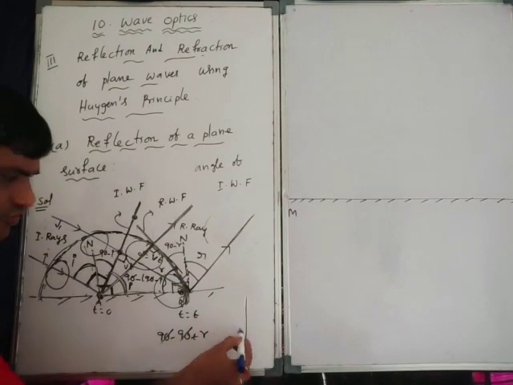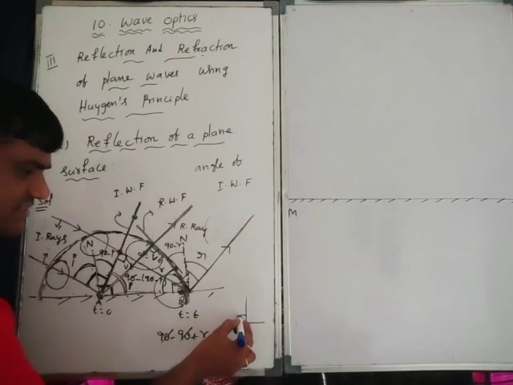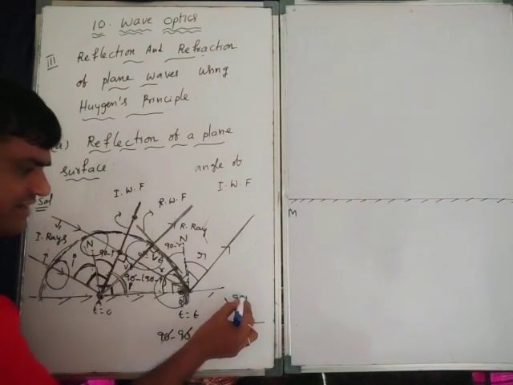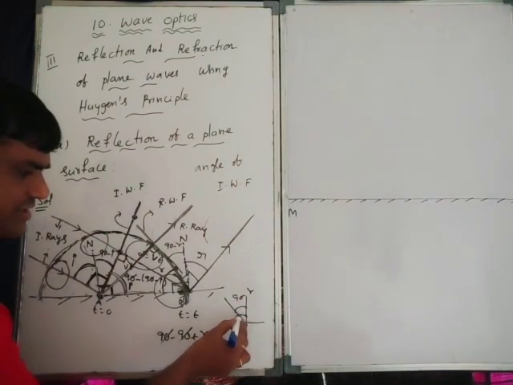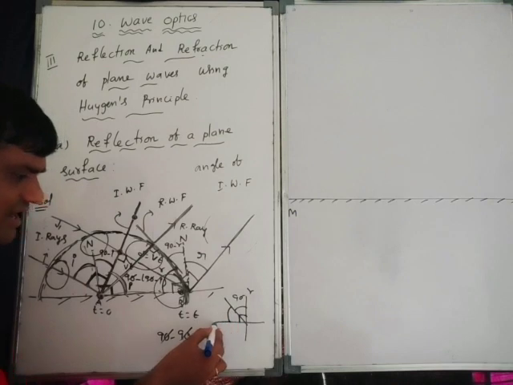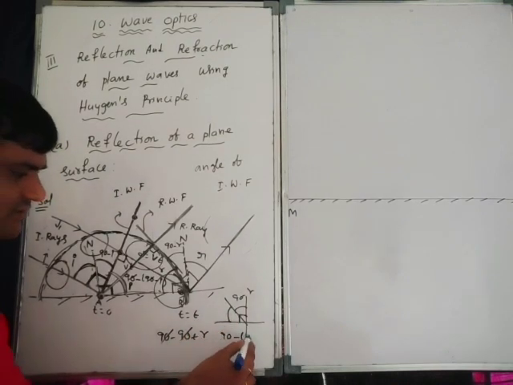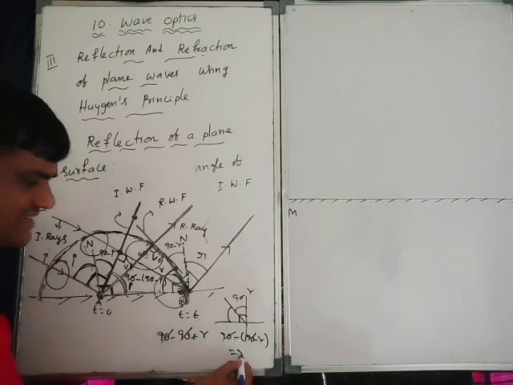Correct already? So it will be like that. So this is the 90, and this one is 90 minus R. So from here to here 90. How much will come here? 90, subtract 90 minus R. So 90 minus 90 plus R, so R only.